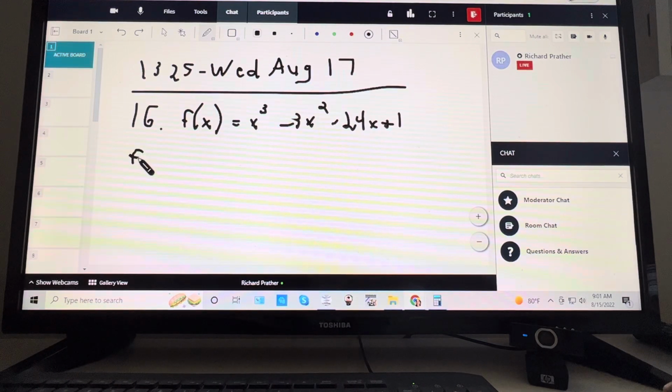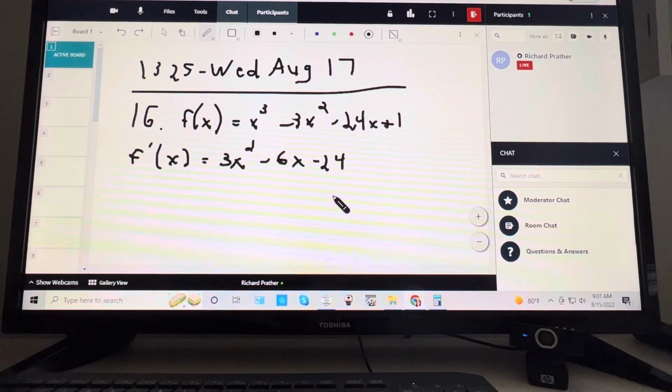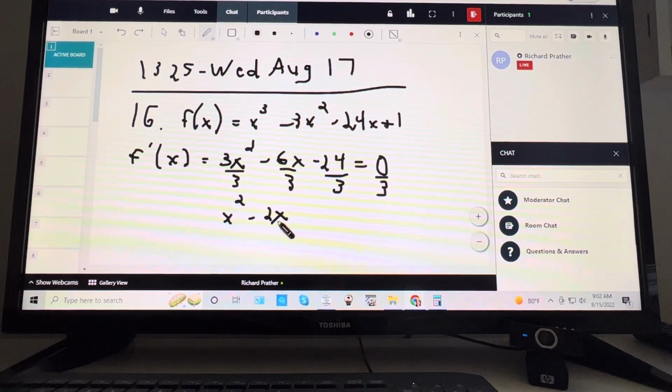get your derivative of the original function and find all the critical numbers. So 3x squared minus 6x minus 24. Since this is a polynomial, this is never undefined, and it equals 0 possibly twice. Luckily, I can divide everything by 3 and make the numbers smaller and easier to factor. x squared minus 2x minus 8.